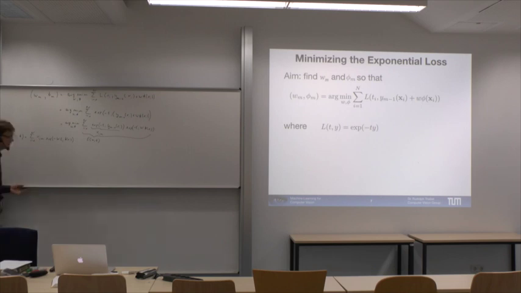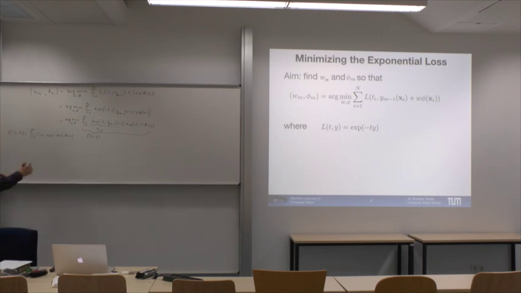Now we have to do a case distinction. We have two cases here. The first case is that Ti equals phi of Xi. And the second case is Ti does not equal this thing here.